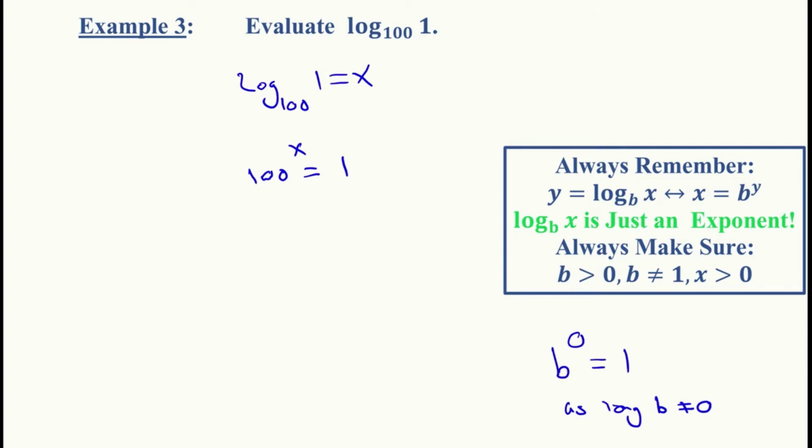So as long as you're not raising 0 to the power of 0, you should be fine. So here again, we can see that x is going to be 0. All right, so that was slightly different from the other ones we've done, but you need to know this rule. As long as you know this rule, you should be fine.